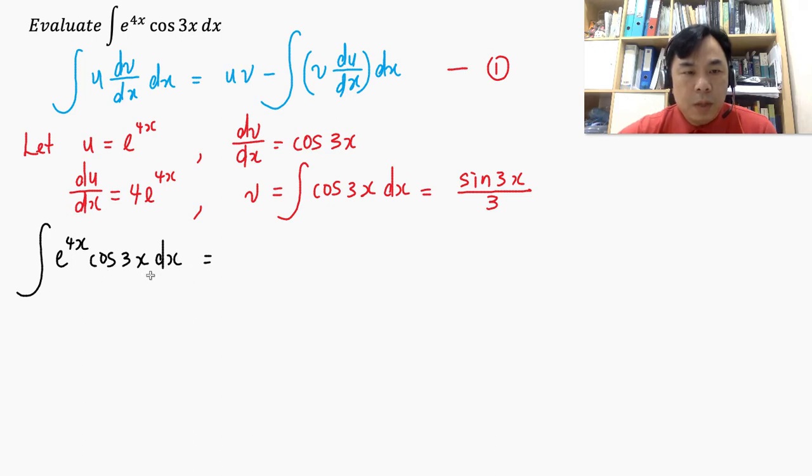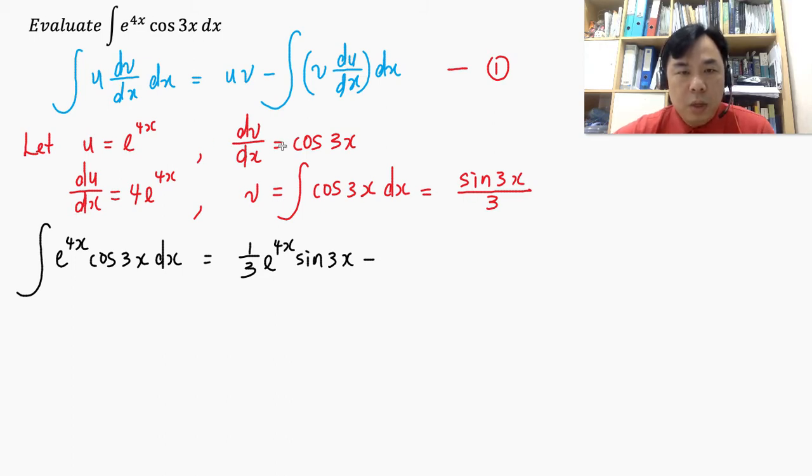Based on the formula, that must be the same as u and v. Here we have u, and this is our v. All we need to do is multiply them together. So I'm going to rewrite them in a more appropriate expression. I can write down e to the 4x sine 3x over 3, and then following that we have subtraction, the integral of v du dx.